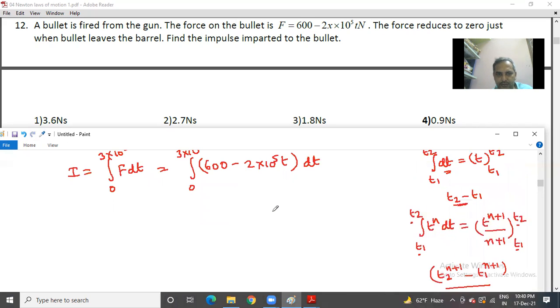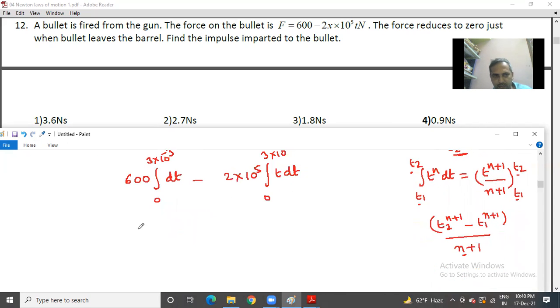Now let us proceed with the question. Multiply 600 with dt, right outside 600 with only dt, lower limit 0, upper limit 3 × 10^-3, minus 2 × 10^5 outside with t dt, from 0 to 3 × 10^-3.